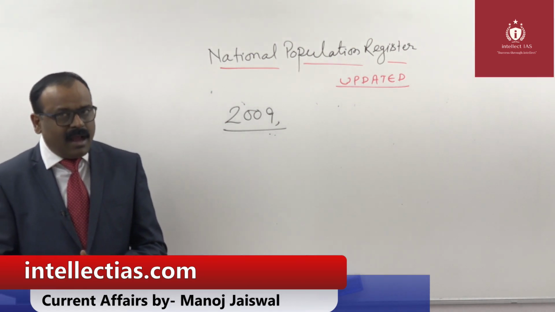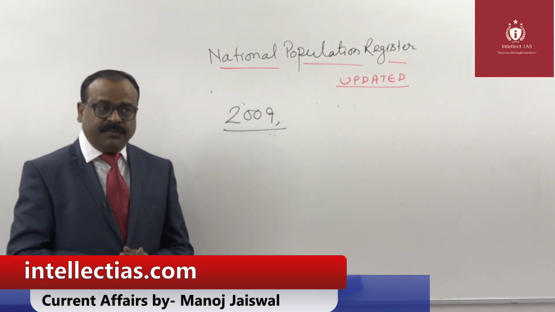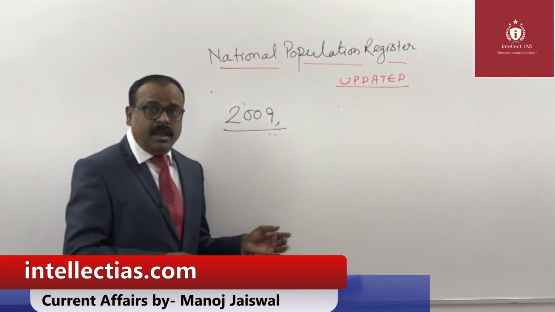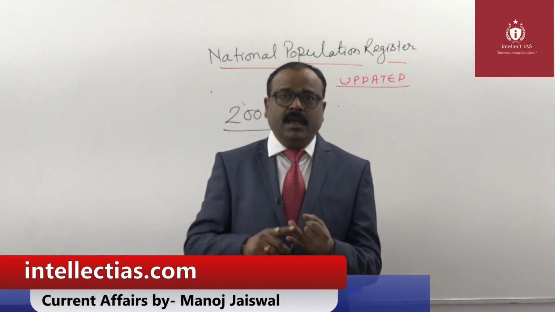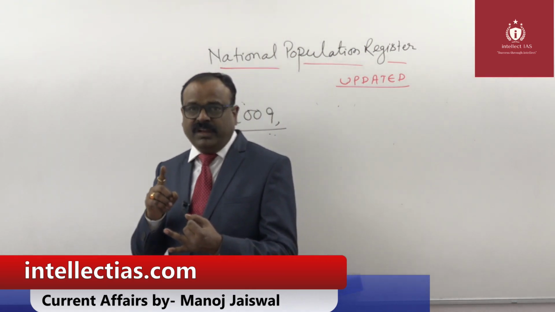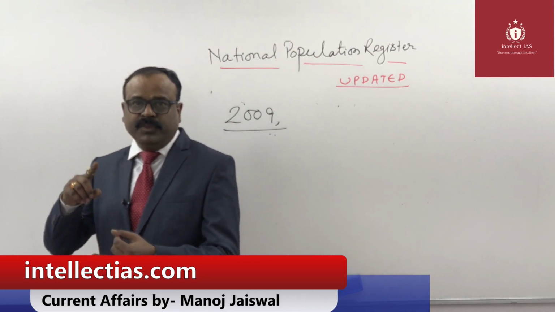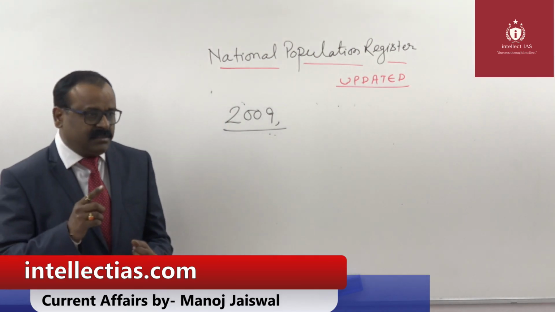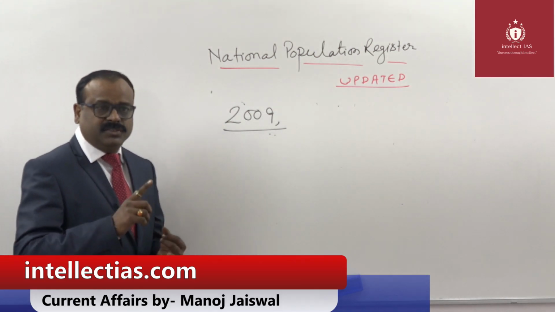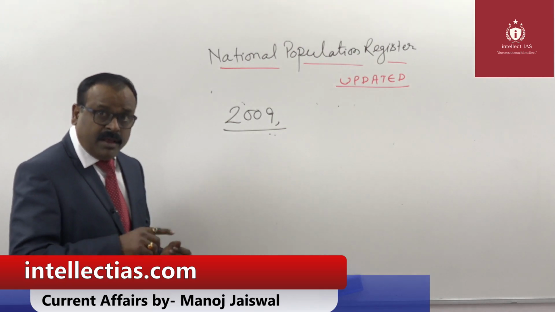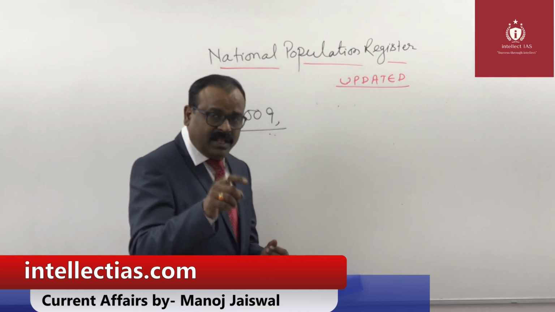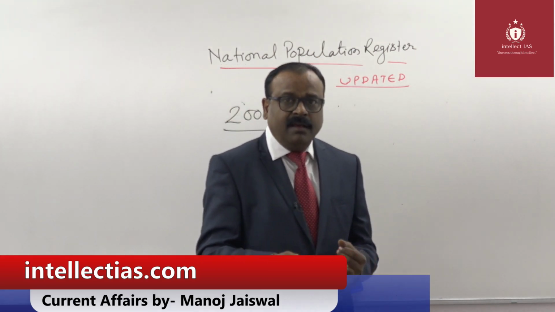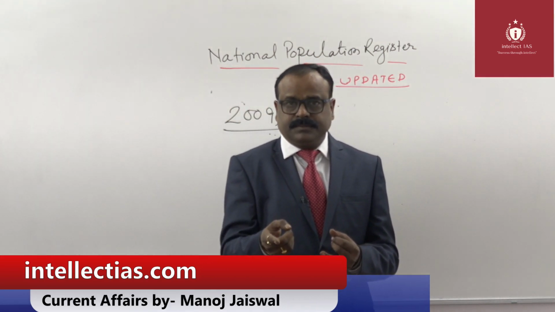And it is also very clear that in NPR it will be necessary for each and every individual to register if he or she has been residing for the last 6 months or intends to stay or reside within the territory of India for the next 6 months.